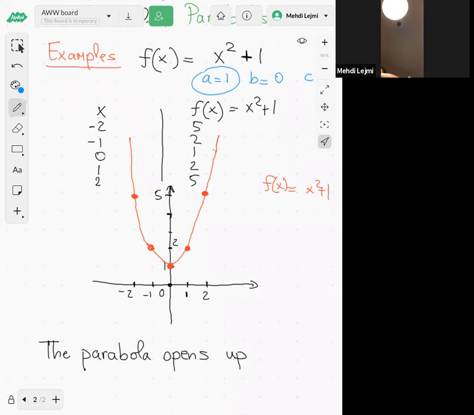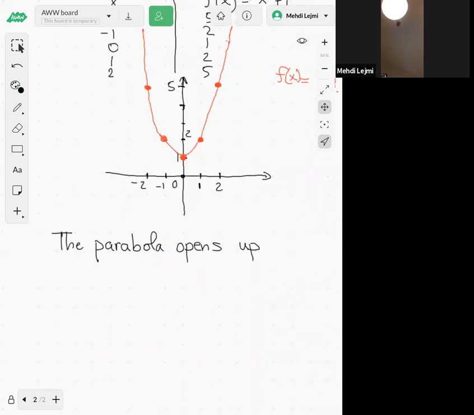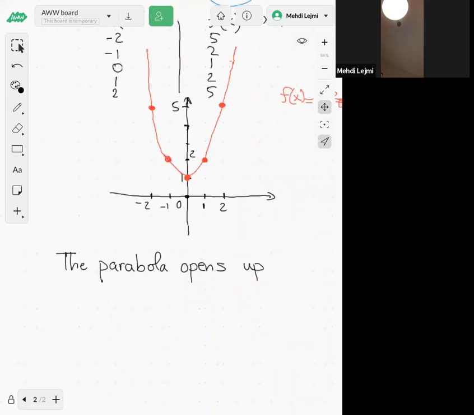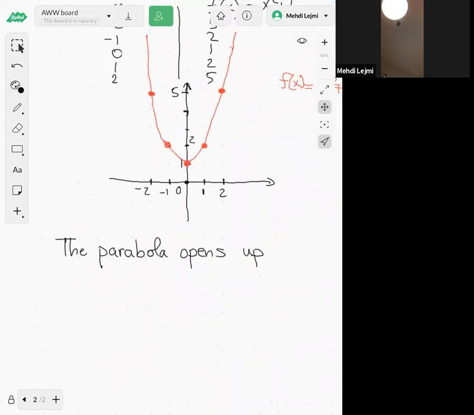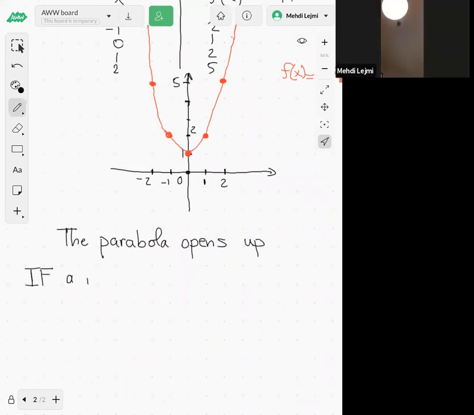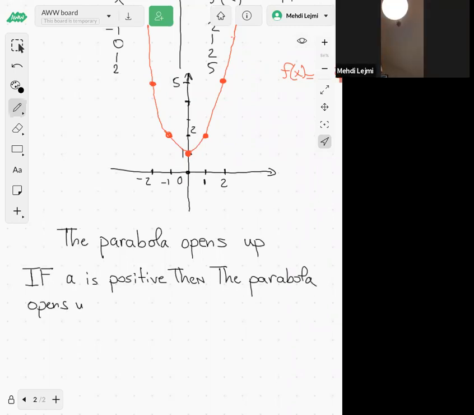Okay, so this is a very general remark. If A is positive, then the parabola opens up.